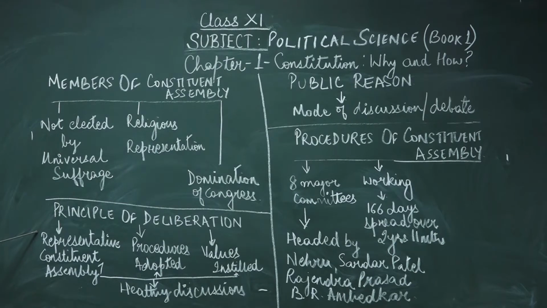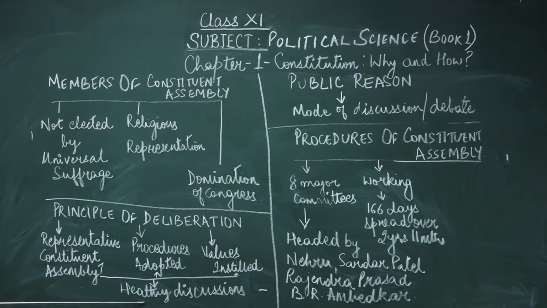It comes from the procedures it adopted to frame the constitution and the values its members brought to the deliberations. What are deliberations? Deliberations are discussions. So our constitution was framed with a lot of discussions. It was not that one person recommended a particular principle and everybody just signed on it. No, they were healthy discussions.